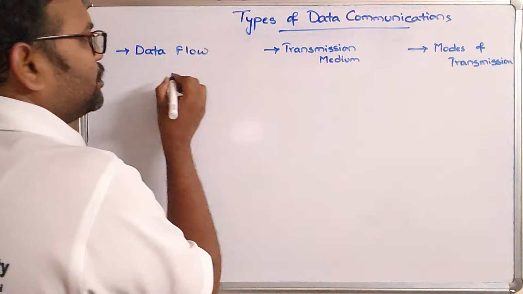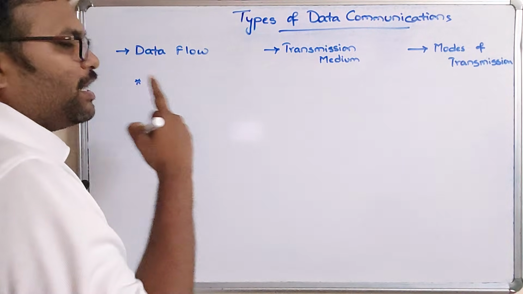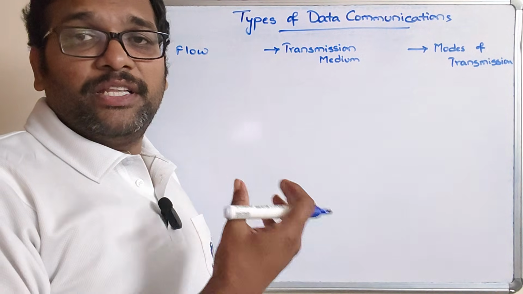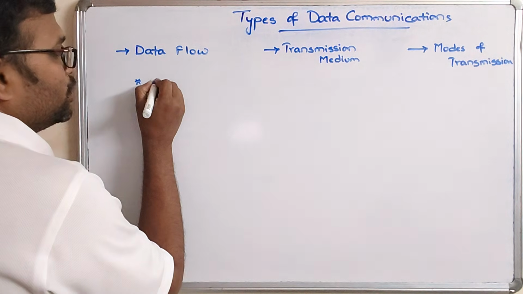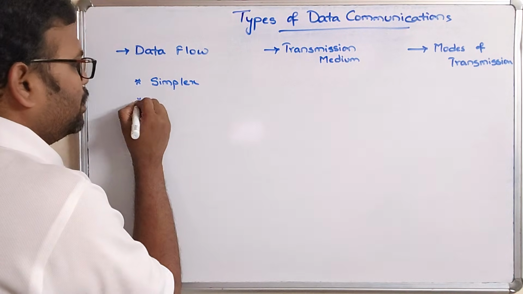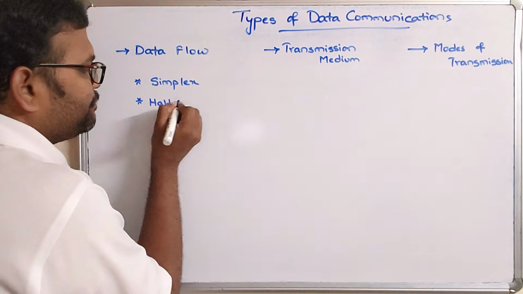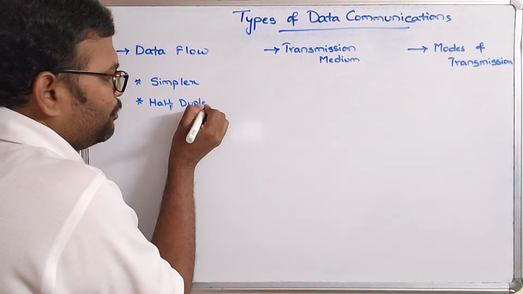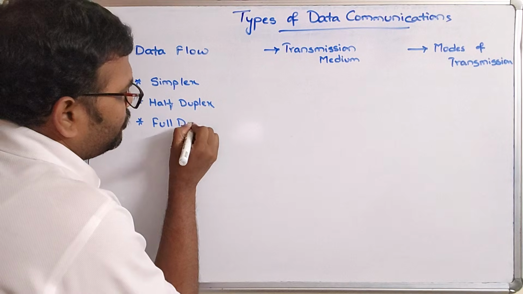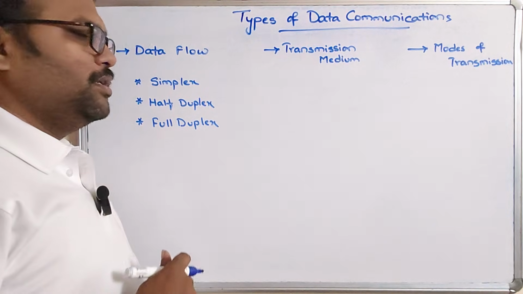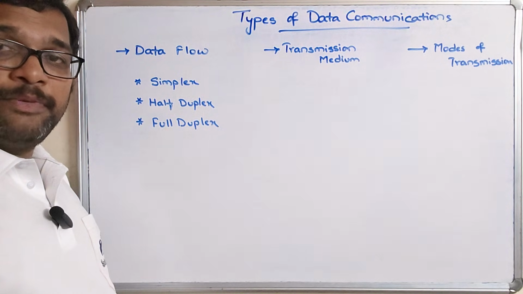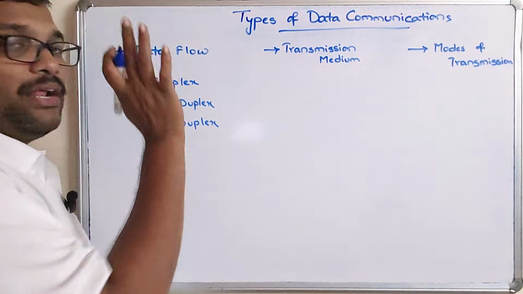Coming to the data flow, again there are three ways we can transmit the data from one device to another one. The first one is simplex communication. The next one is half duplex communication, and the third one is full duplex communication. So these are the three possible ways to transmit the data based upon the data flow.